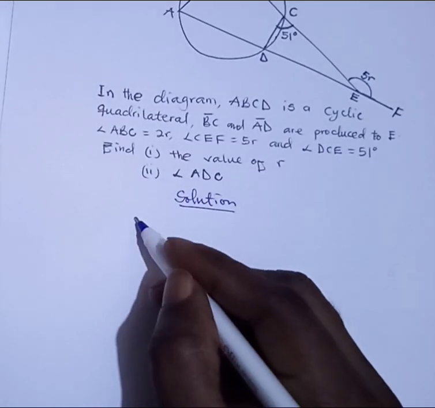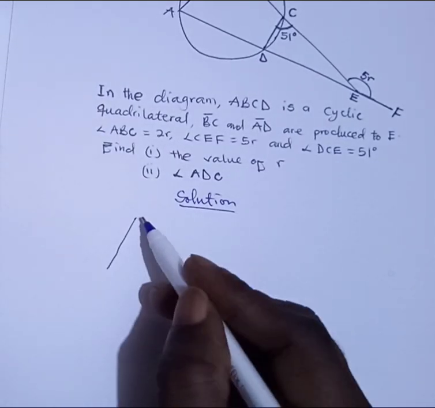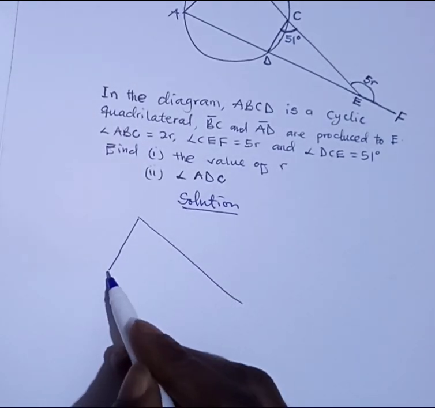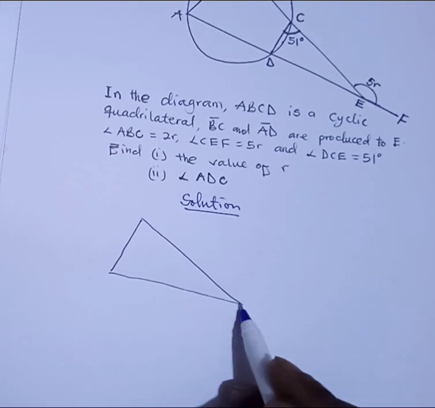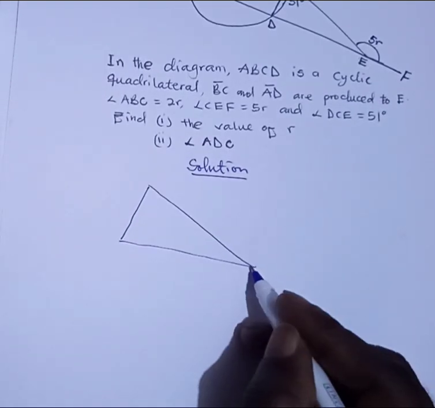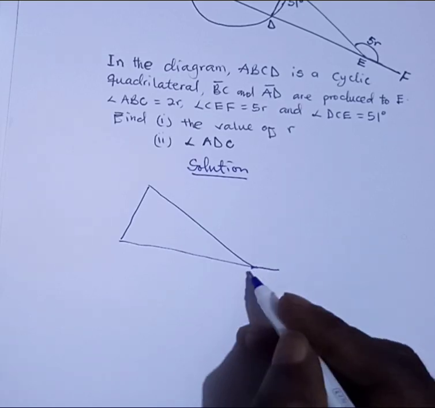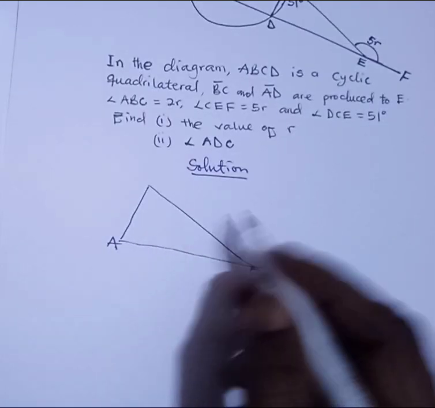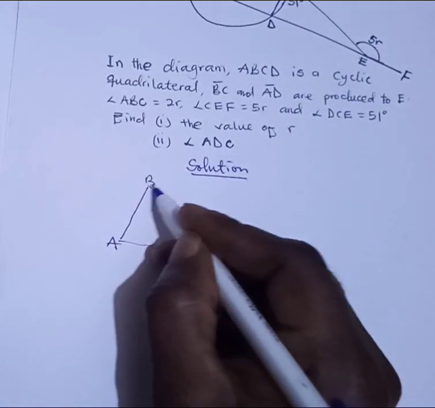So we have this A. Don't mind my sketch, it's just a sketch. Let me extend this. So let's say here is my E. Here's my A. And then I have my B here.